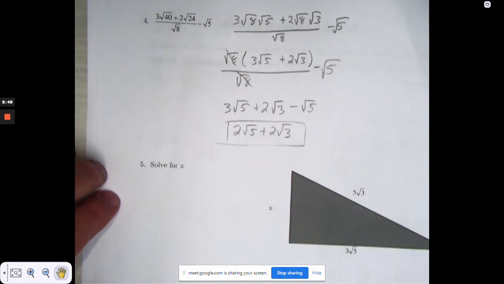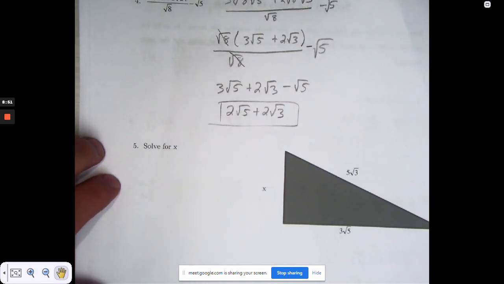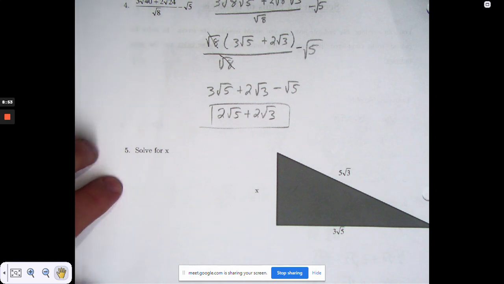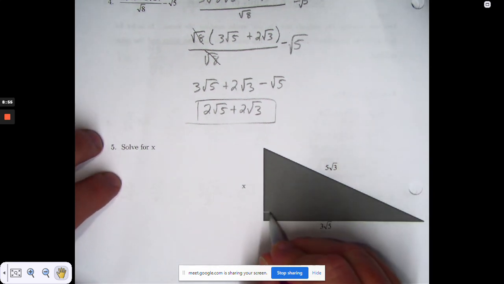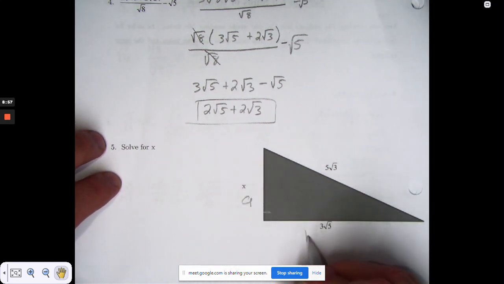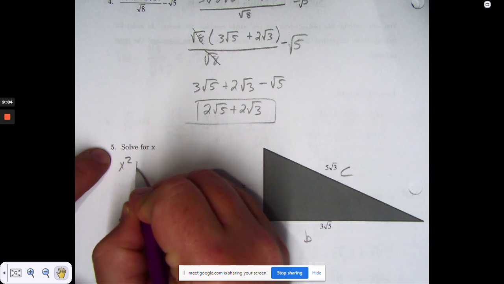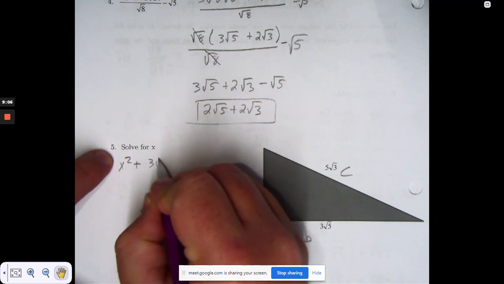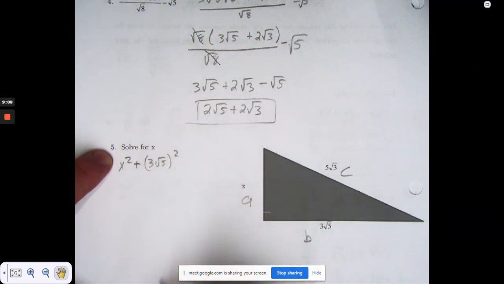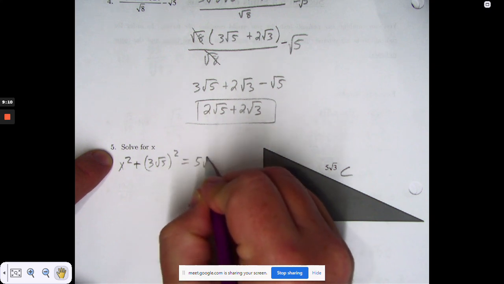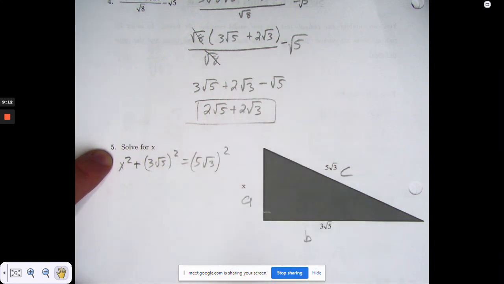Okay, and then last but not least, on to question number 5. This is a Pythagorean theorem problem, right? Remember that we have a squared plus b squared has to equal c squared in all right triangles. So that's x squared plus 3 root 5 squared has to equal 5 root 3 squared.